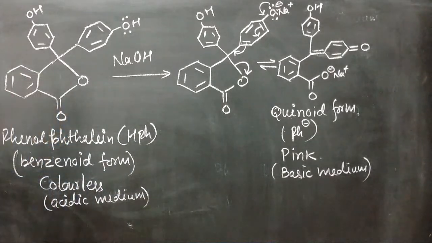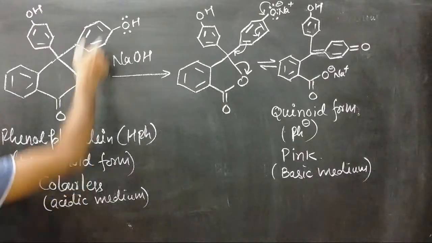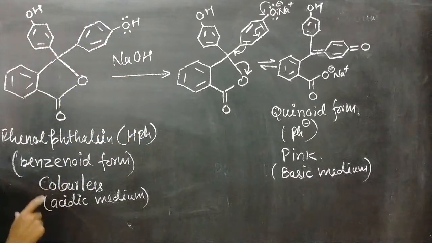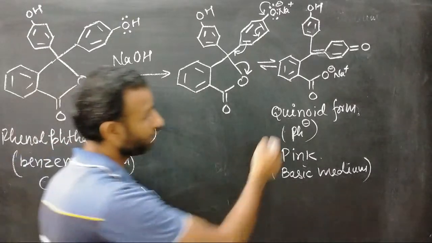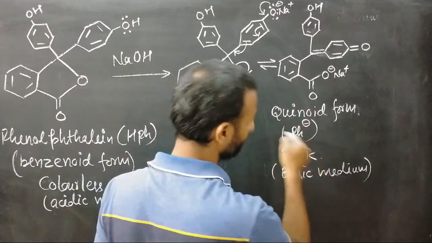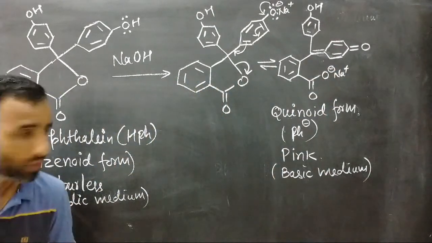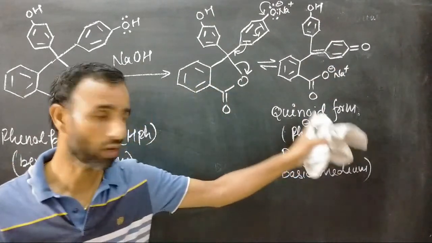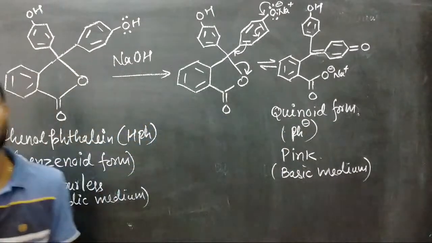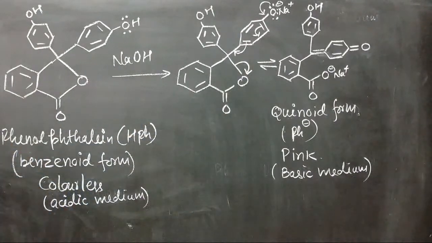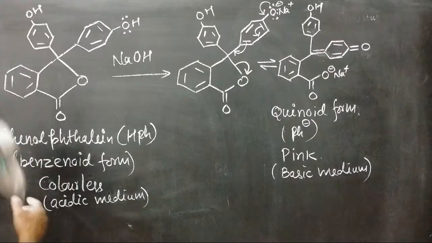In acidic medium it exists as benzenoid form and that's why it is colorless, and in basic medium it is in quinonoid form, that's why it is pink in color. Okay, done. So now Lieberman's reaction.